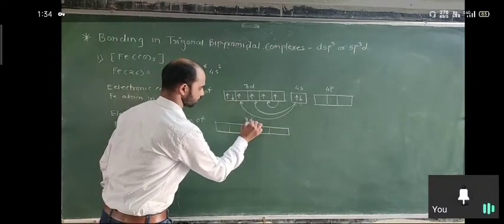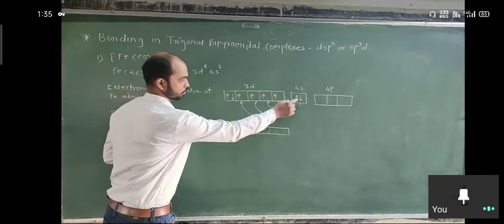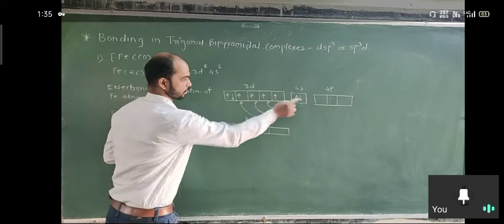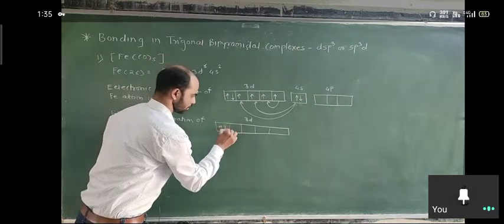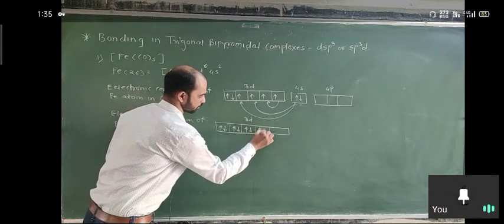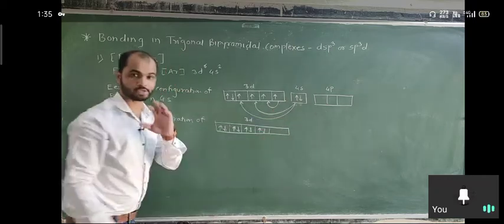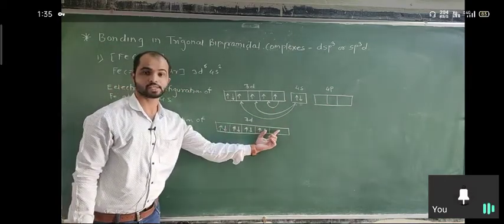In 3d, the 4s electron comes here, another comes here, and this one comes here. So how many pairs? There are 4 pairs. 6 plus 2, 8 electrons, all are paired in the 3d. Okay, the last d is empty.